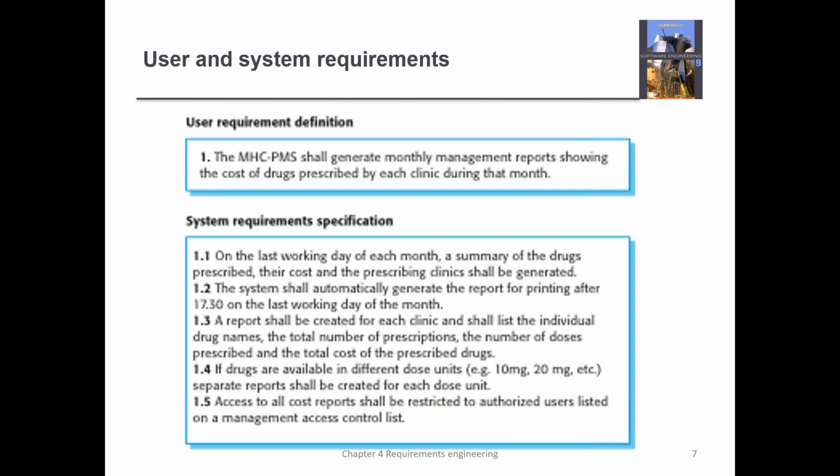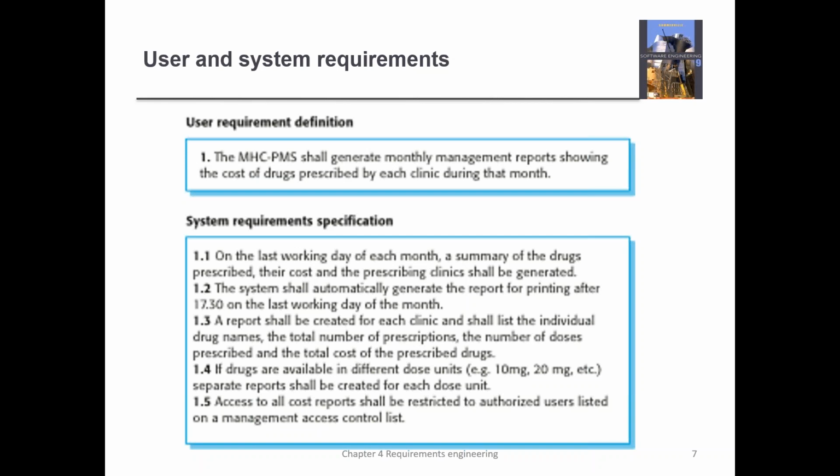And in 1.5, it says access to all cost reports shall be restricted to authorized users listed on a management access control list. So it is saying exactly who should be able to see those reports. All right, and all of those relate to the one user requirement definition.